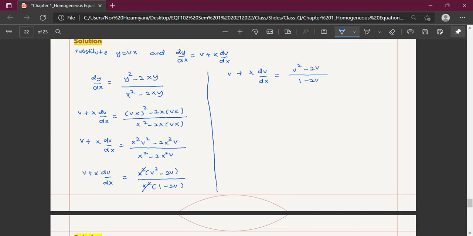And don't forget, now you have to rearrange, make sure that v, you bring it to the right hand side. And you try to simplify the right hand side function.